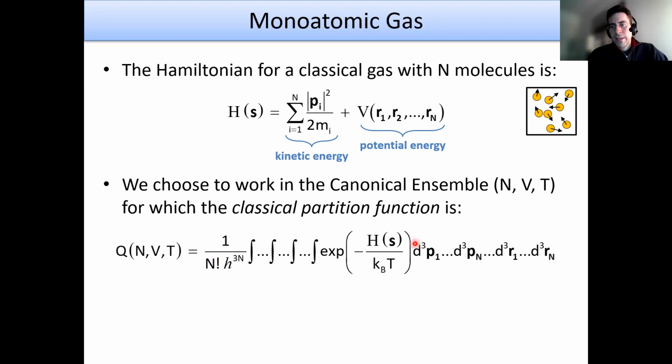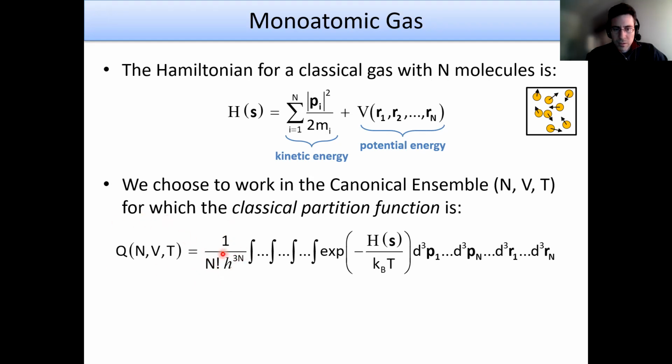So since we have labeled these molecules with the labels molecule 1, molecule 2, or well, atom 1, atom 2, atom 3, etc. Since these monatomic ideal gas molecules are indistinguishable, there are n factorial permutations for the labeling of the atoms that I have in the system, and that's why we have this overcounting when we write this integral. So 1 over n factorial corrects for this overcounting and gives us the classical partition function.